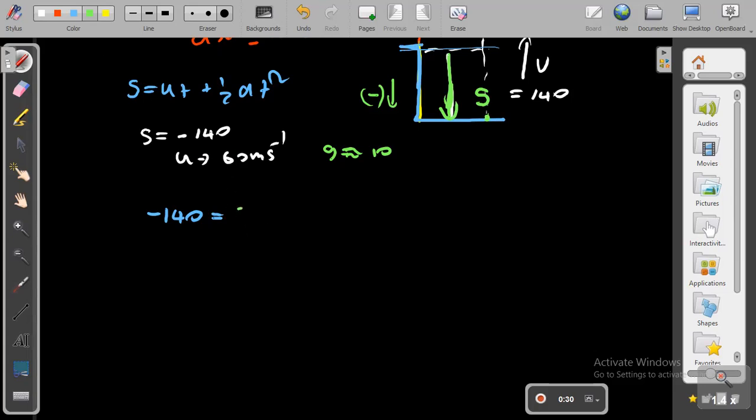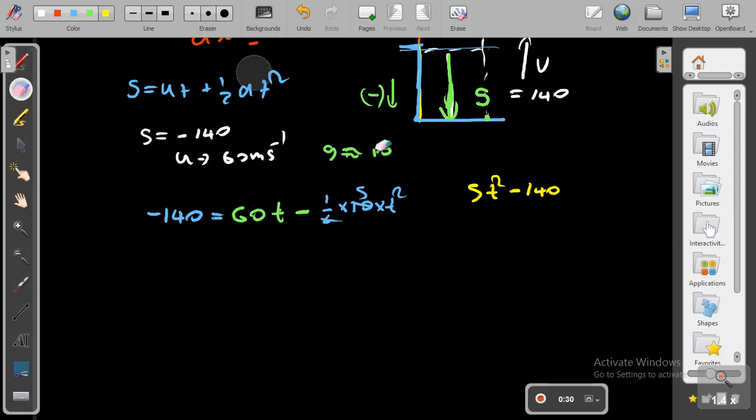Is equal to u, 60, times t, minus half times 10 times t squared. This cancels off, it becomes 5. So this equation you have to rearrange in this manner.